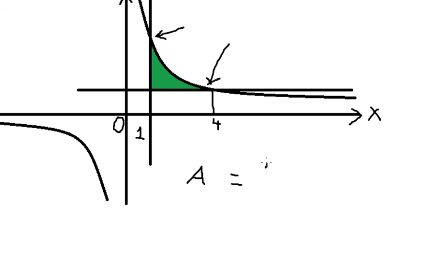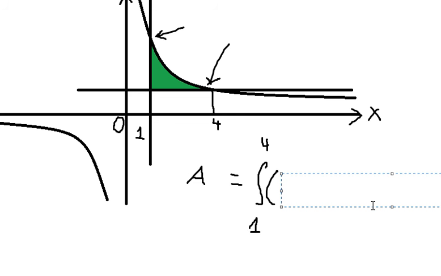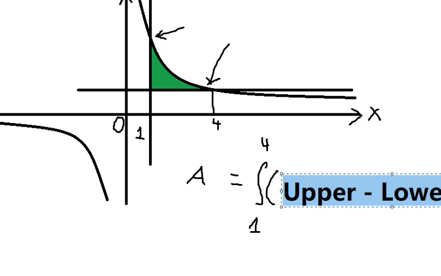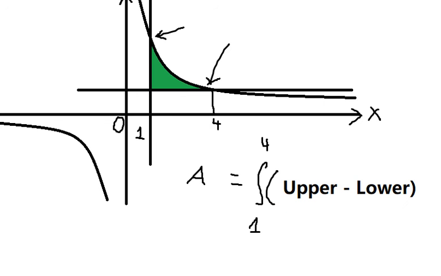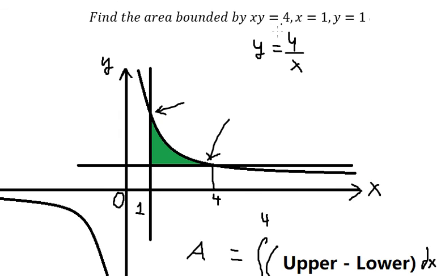So we have the integration from 1 to 4. So we know that should be the upper minus lower. The upper function is y equals 4 over s, that's it in here.